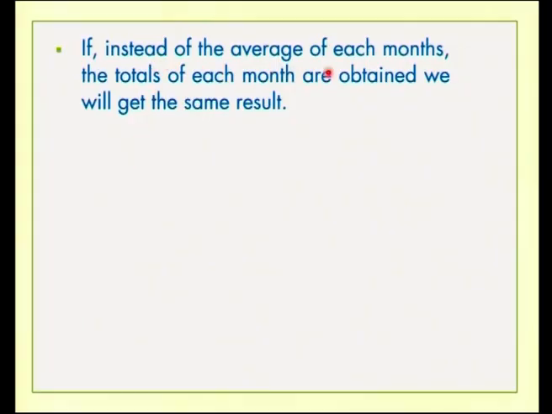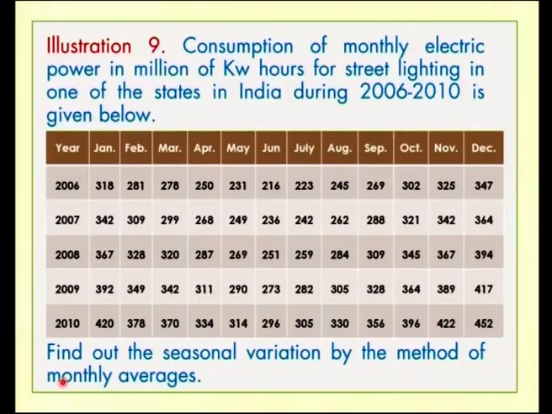If instead of the average of each month, the totals of each month are obtained, we will get the same result. That is, instead of using the averages, if we use the totals, then also we will get the same seasonal index answer. This is another illustration to find the seasonal variation by the method of simple averages.